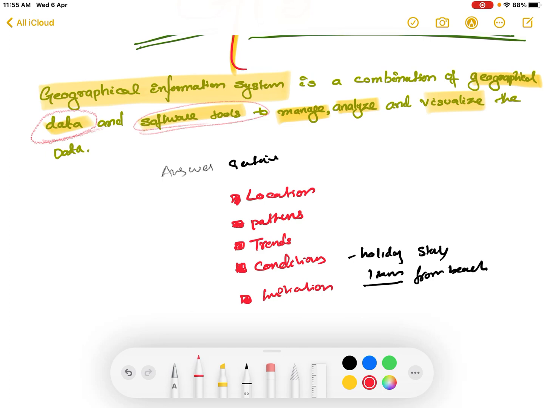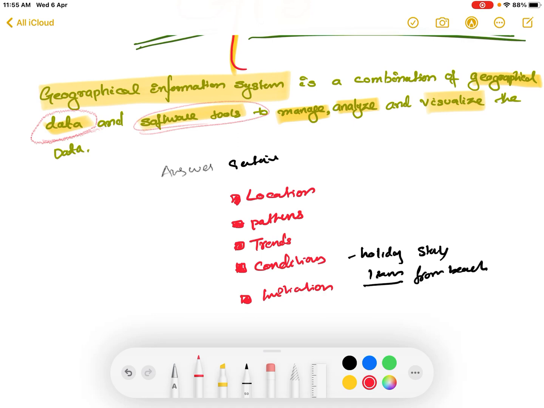Then we can find answers for implications. For example, you have found a house, and you want to answer, if I move to this house, how far will I be from my office, or from the coffee shops, or from the petrol pump, or from the hospitals? Such questions can also be answered.